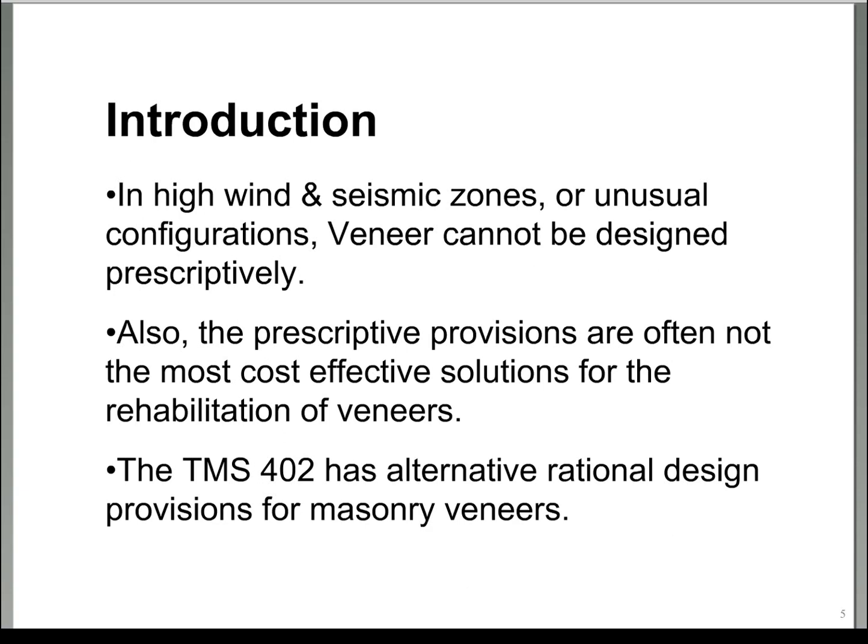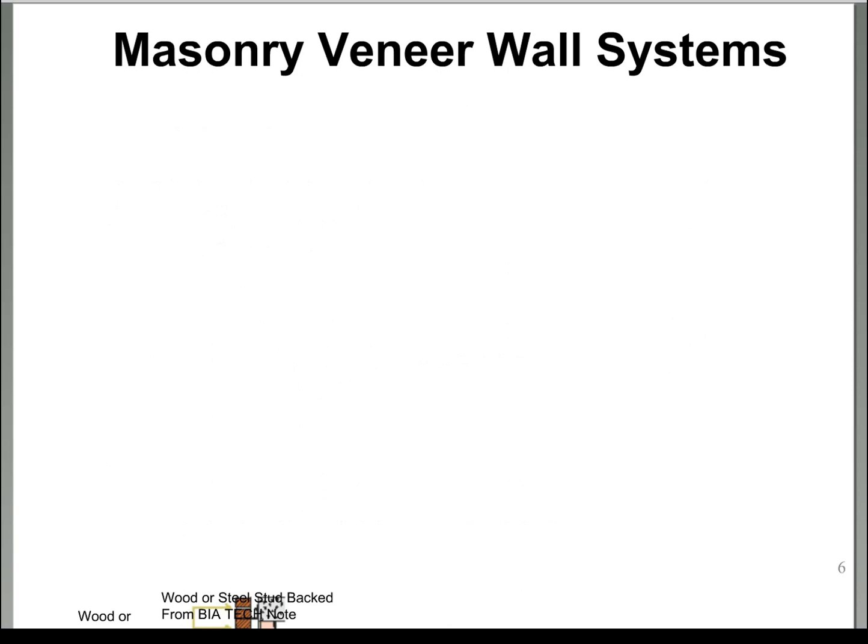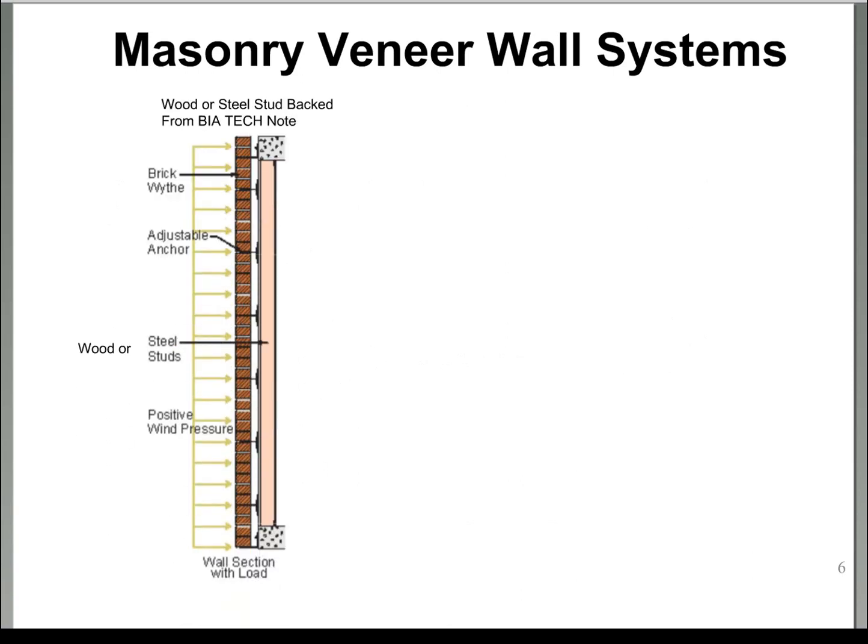So let's take a look at these provisions that are in the code. What we're looking at here is an exterior clay brick veneer, typically clay, but you can also have concrete brick or calcium silicate elements that go on the exterior face of the exterior wall system. Then you typically have a drainage cavity between the veneer and the backing wall, and that cavity may or may not have insulation in it, but you need a free-draining 1-inch minimum.